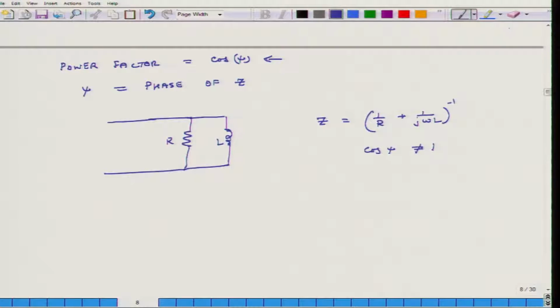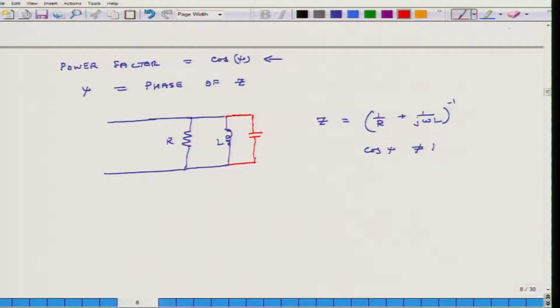Now, if I have to make this system purely resistive in nature, we know that capacitors behave in a way which is somewhat opposite of an inductor. So, I can put a capacitor in parallel to this.